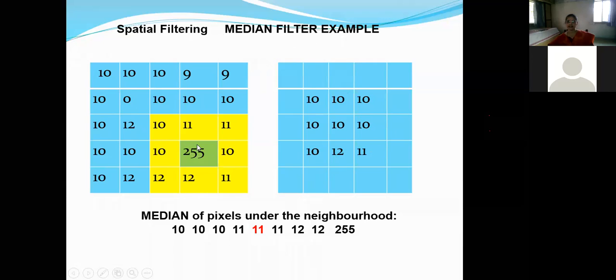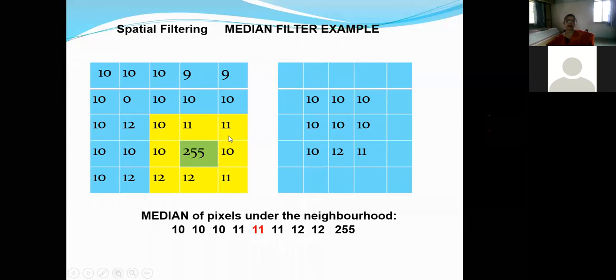This high intensity spike as well as the low intensity spike are removed because of the application of the median filter on the image. If you look at the result, your 0 is replaced by 10, and even the high intensity spike 255 is replaced by 11. So we can say that the median filter is very useful to remove salt and pepper noise from the given image.